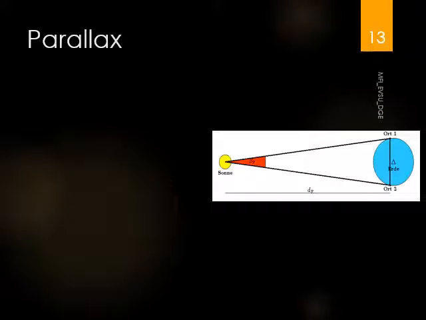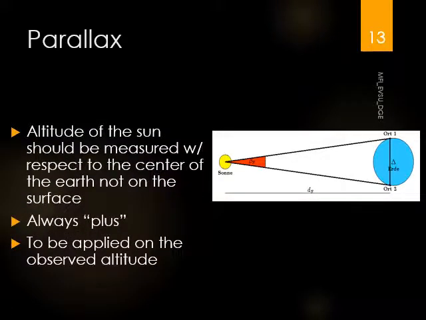Si parallax. Si parallax naman, this is applied because the altitude of the sun should be measured with respect to the center of the earth and not on the surface. Pag nagko-conduct tayo ng solar observation, wala naman tayo sa center ng earth, nandito lang tayo sa surface. So, we need to correct our position.